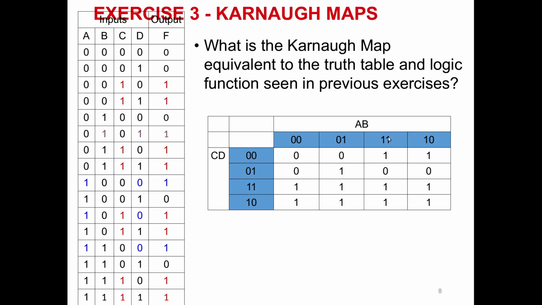So AB is 1, 1 in this column, and CD is 0, 1 in this line, so this element of the table will be filled with 0. The other elements of this table will be 1, and so we have the Karnaugh map similar to this.